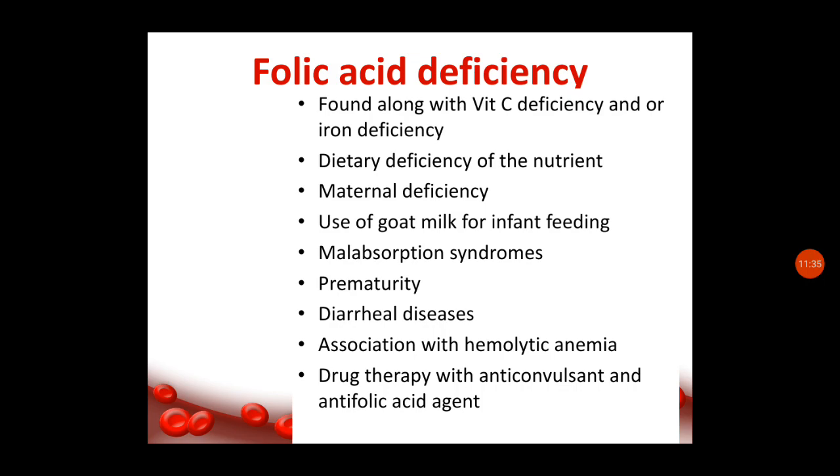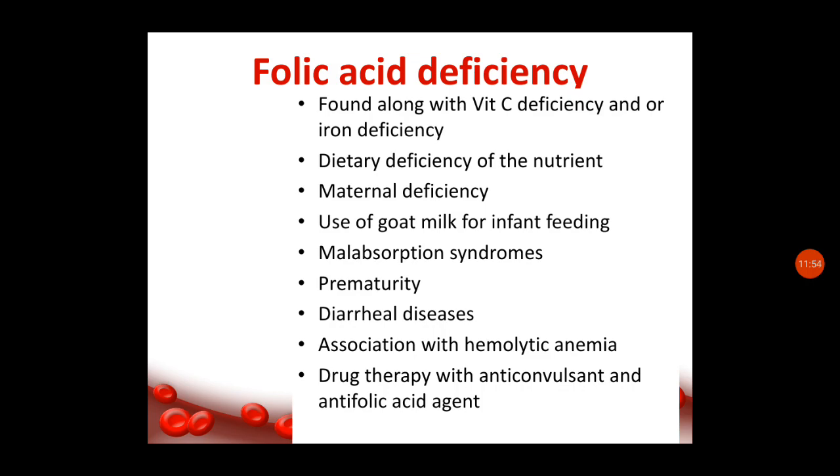Then use of goat milk for infant feeding, because goat milk is lacking folic acid. So when we are giving goat milk for weaning, the child may not be getting an adequate amount of folic acid through it.